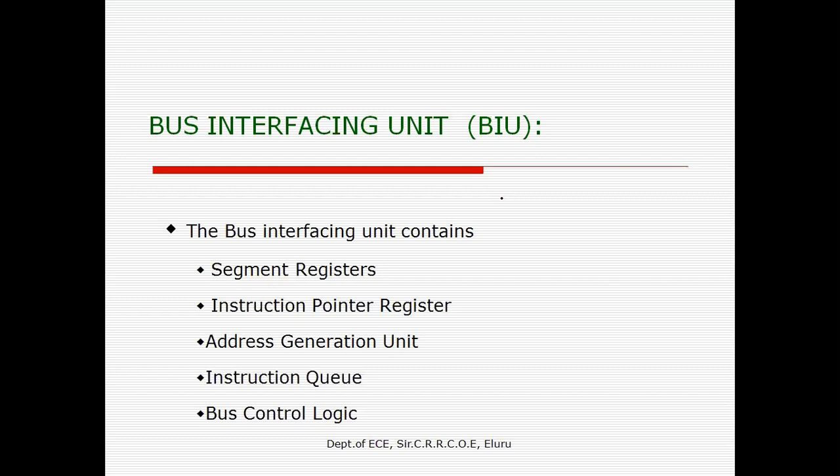We will see what the bus interfacing unit contains. The bus interfacing unit contains the segment registers, the instruction pointer register, address generation unit, instruction queue, and bus control logic.